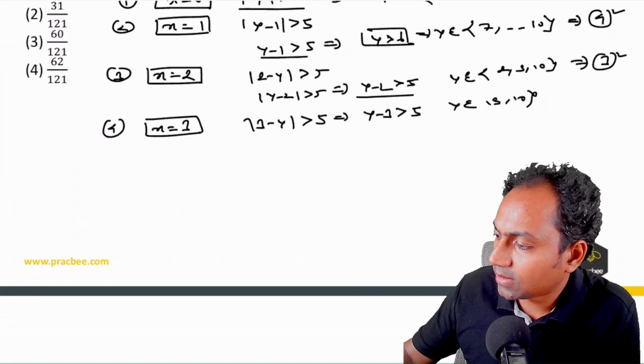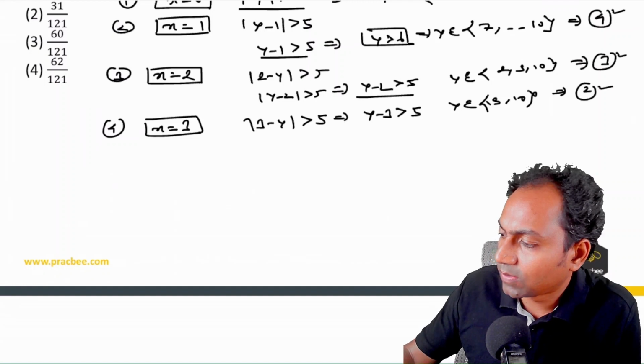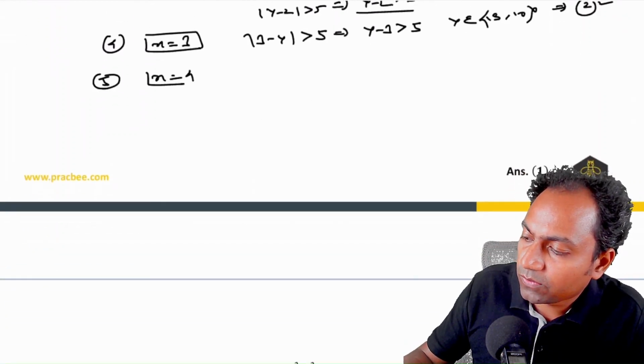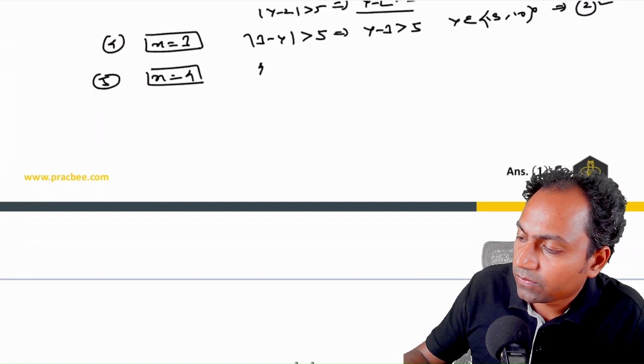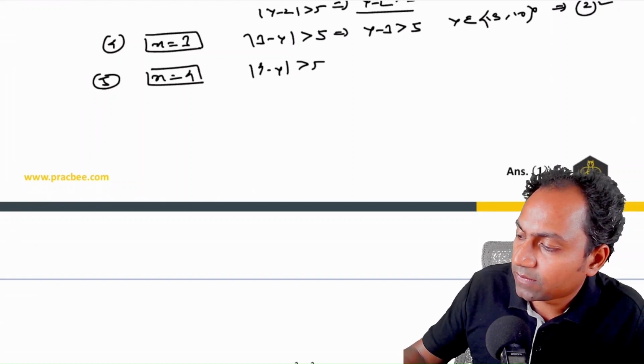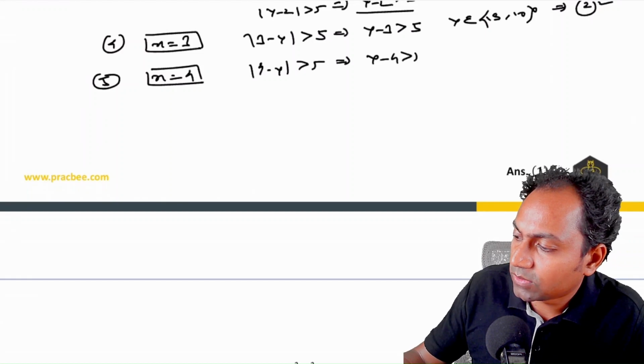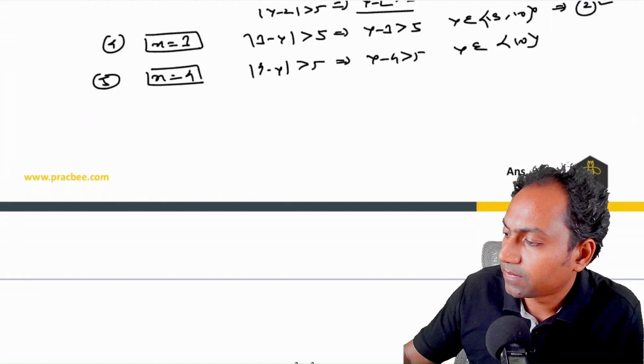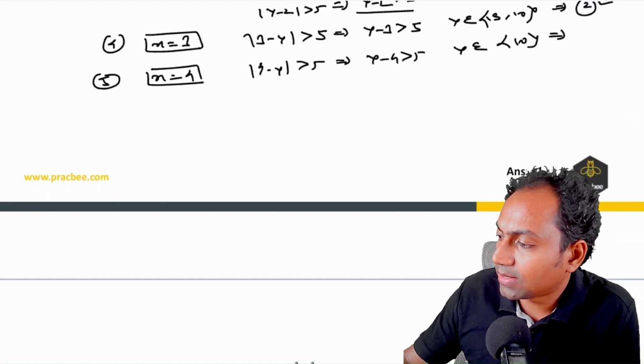So you can see that again we are getting 2 values from here. Next, we can put x equal to 4. So mod of 4 minus y will be greater than 5. So y minus 4 is greater than 5. y should belong to only one value, 10. And you can see that one answer comes.